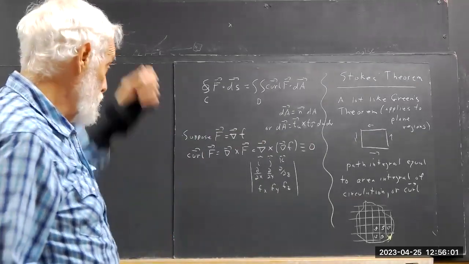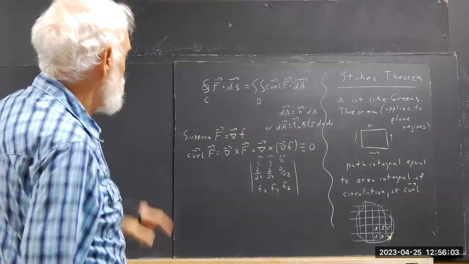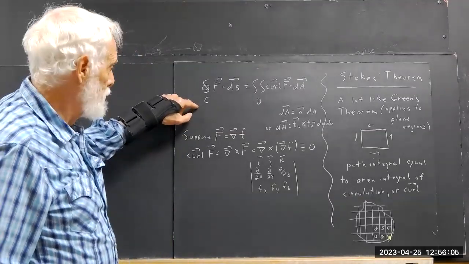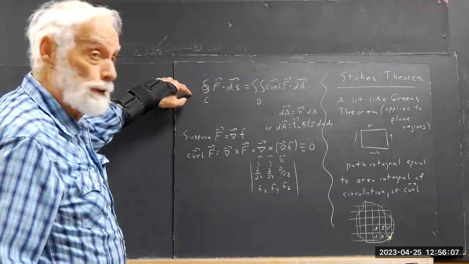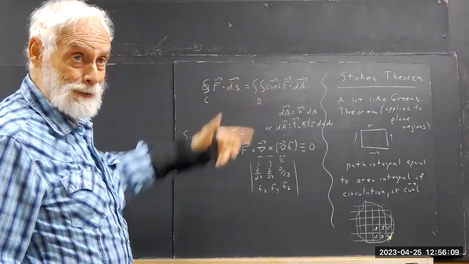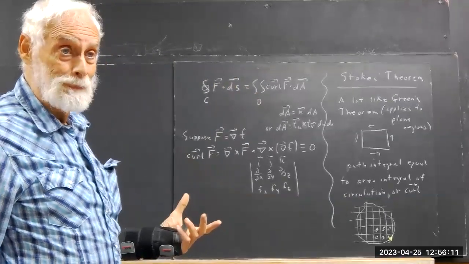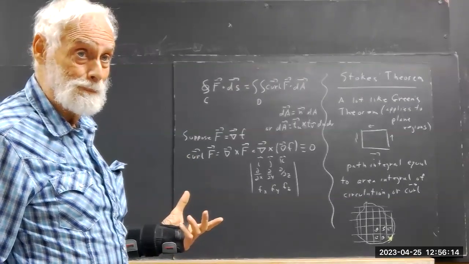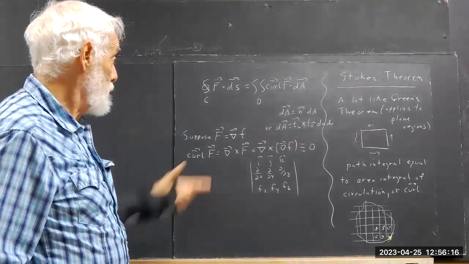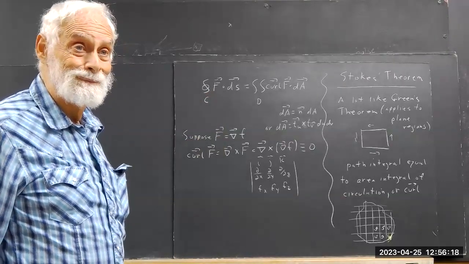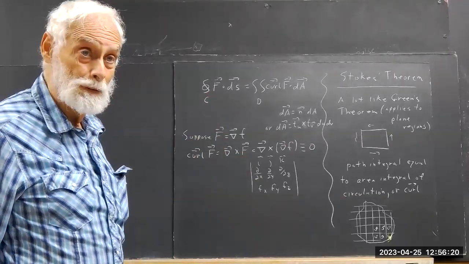Well, how does that apply to Stokes' theorem? It tells us that the circulation, or the line integral around any closed path, has to be zero. Right? Well, that means that F is a conservative vector function.